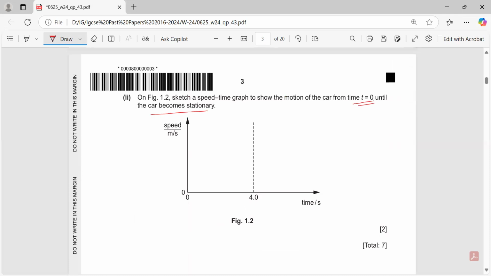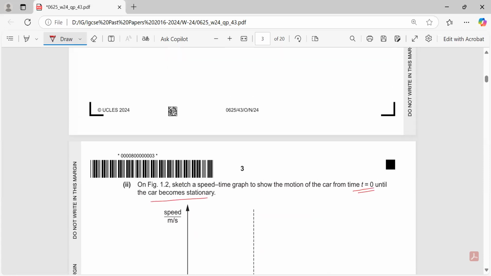So what should we do? 2 marks are there. Let's go back. No clue is there in our mind here.